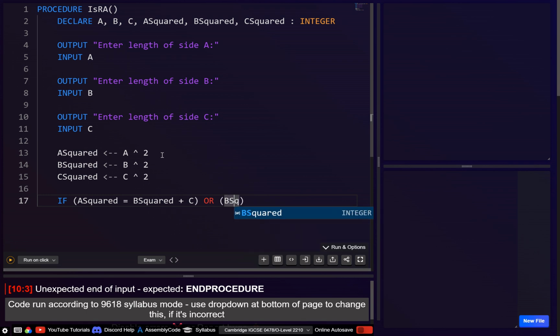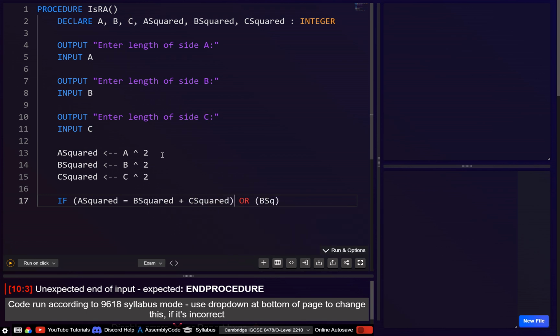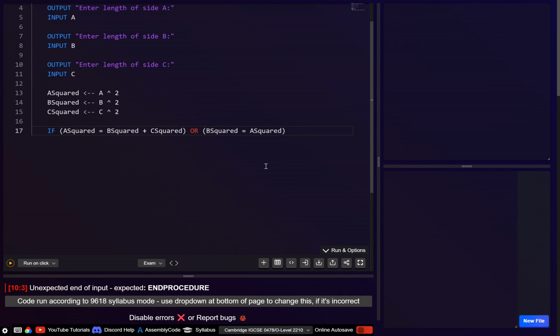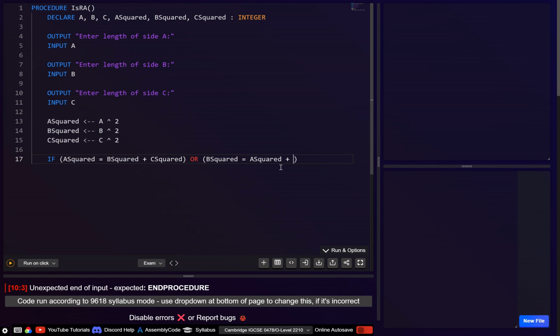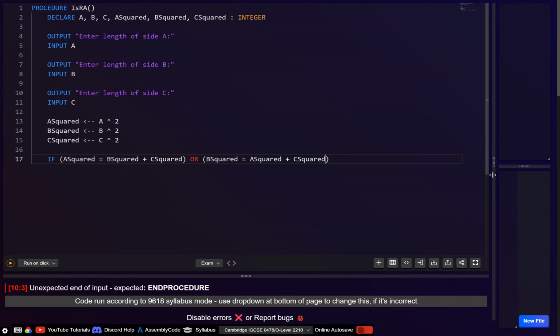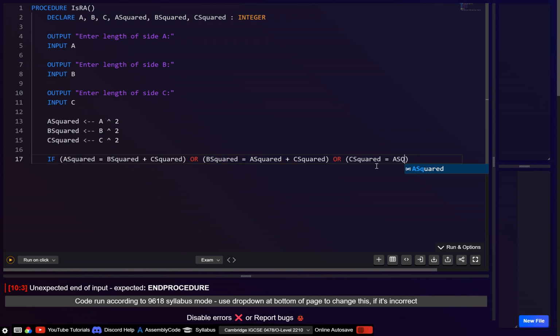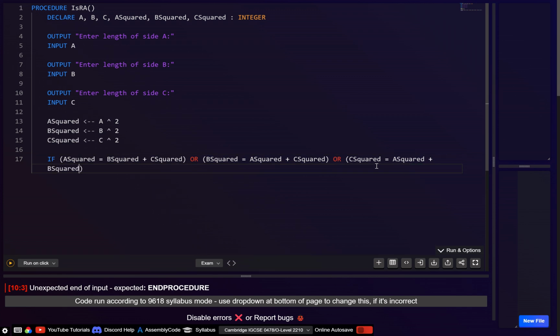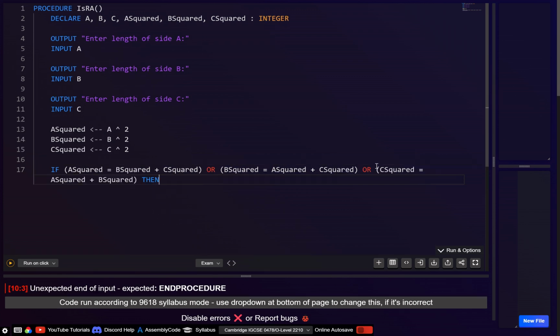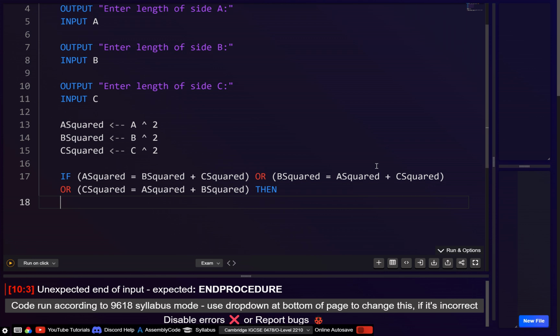So B squared is equal to A squared plus C squared, and then C squared is equal to A squared plus B squared.